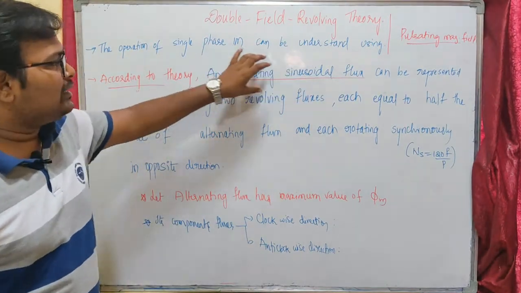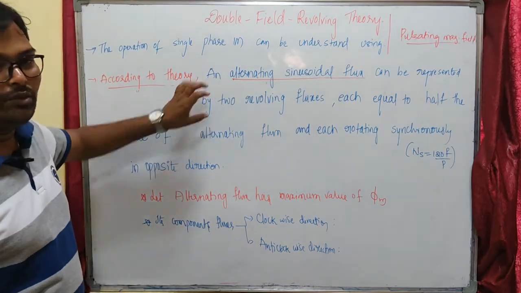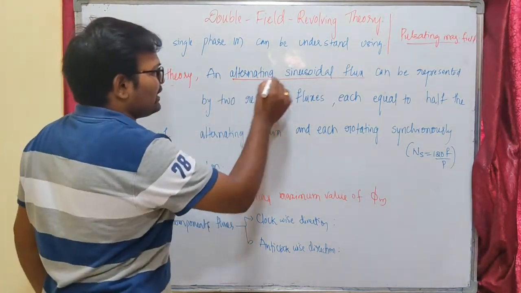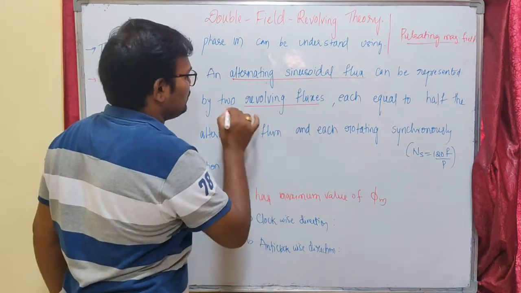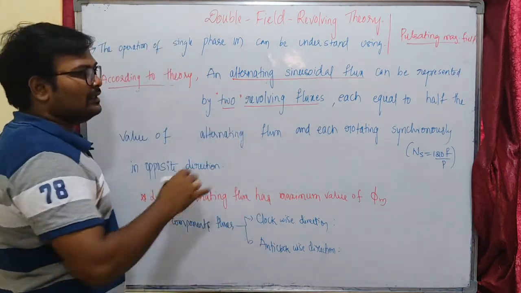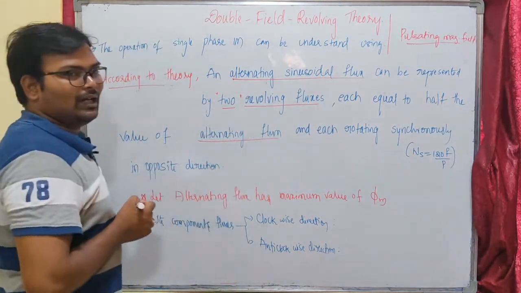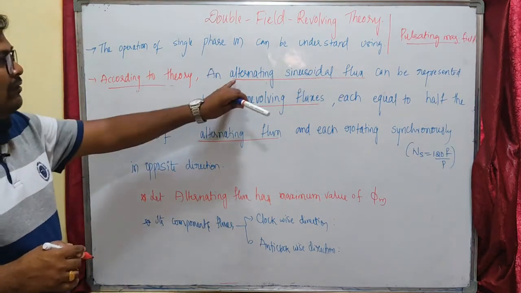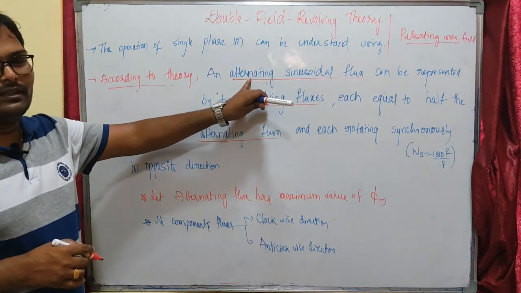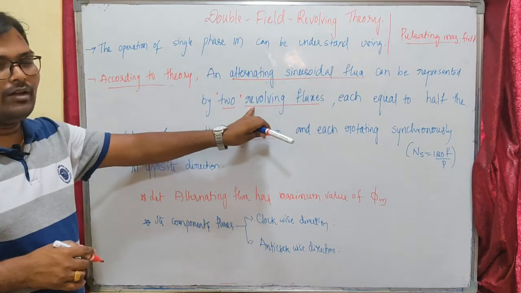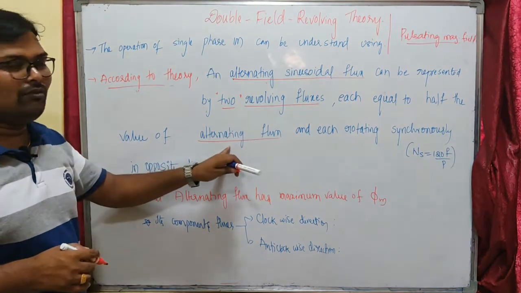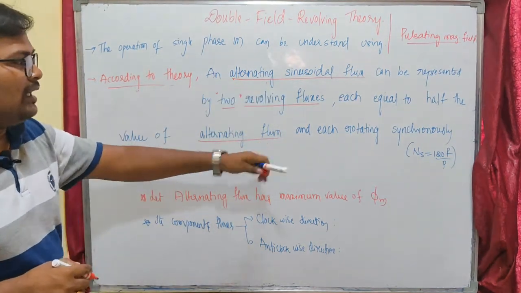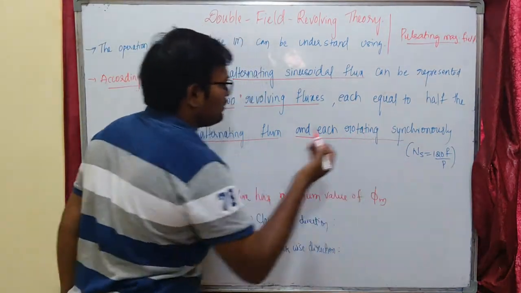An alternating sinusoidal flux can be represented by two revolving quantities. So one alternating sinusoidal flux can be represented with two revolving fluxes, each equal to half of the value of the alternating flux. So we are dividing this alternating sinusoidal flux into two components, two revolving fluxes having half the value of our alternating sinusoidal flux, and each rotating synchronously in opposite directions.